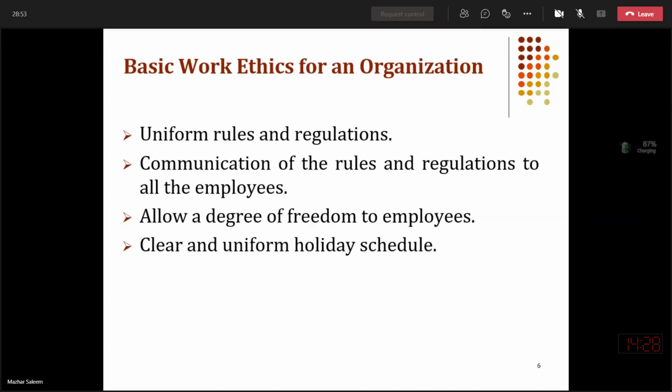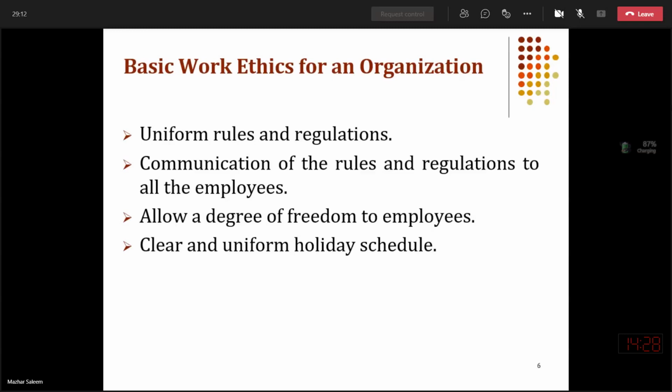When you join any organization, you will come to know that there are several different types of leaves, and even for you guys, as students, there are different kinds of leave that you can avail. So we need to have a clear understanding and clear communication of all those leaves.